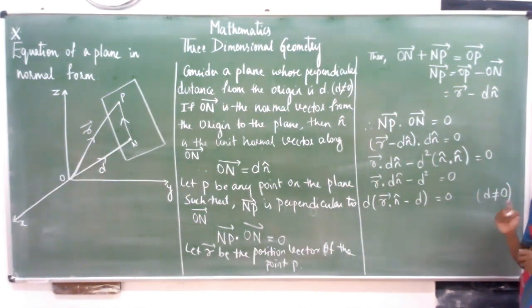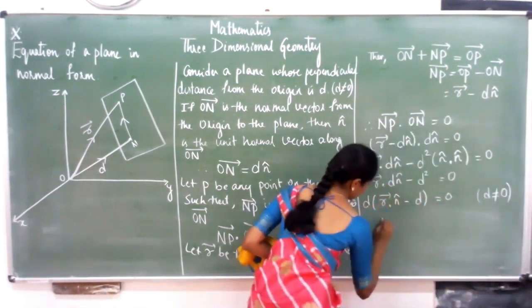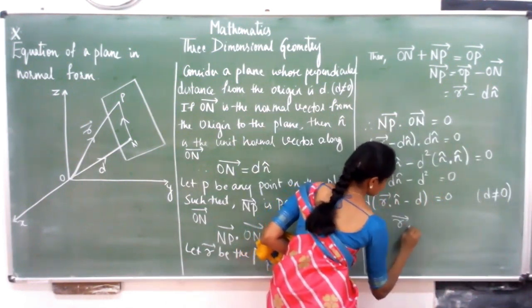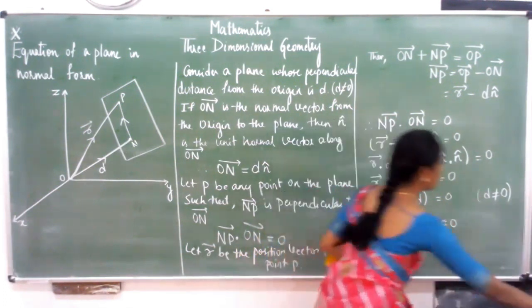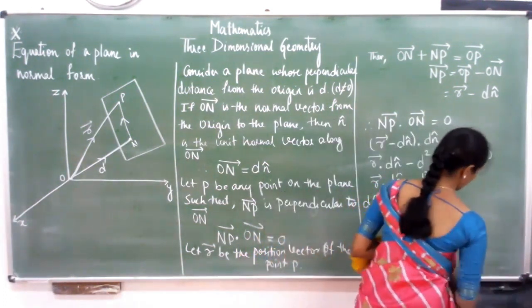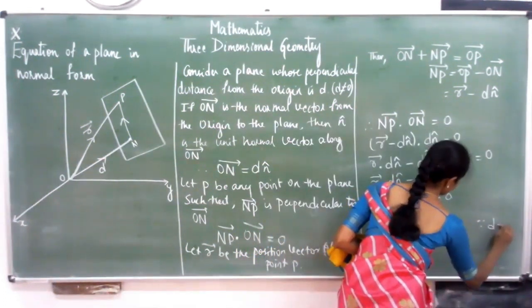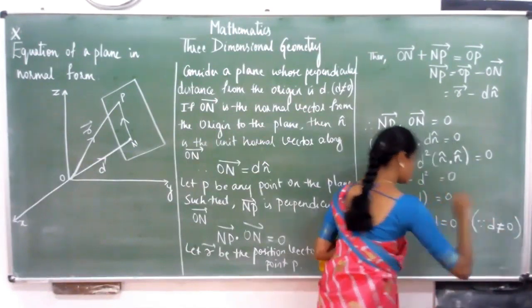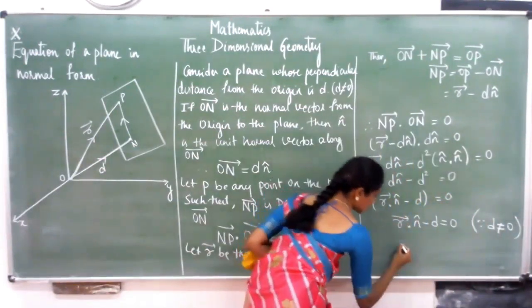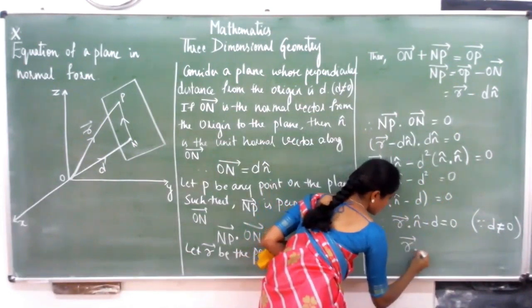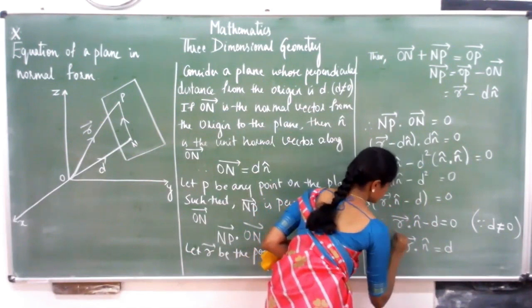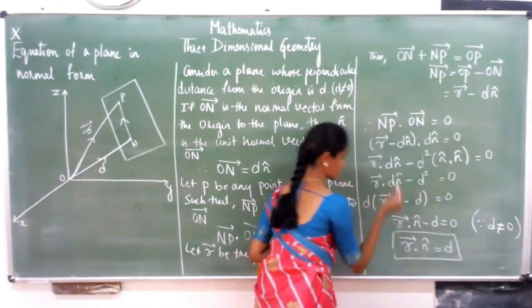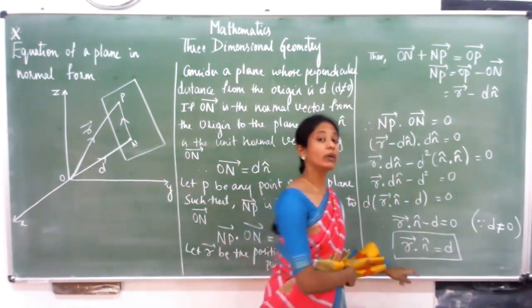Therefore, vector R dot N cap is equal to D. And this is nothing but the equation of the plane in vector form.